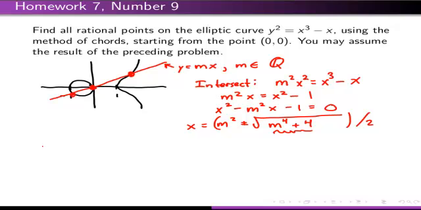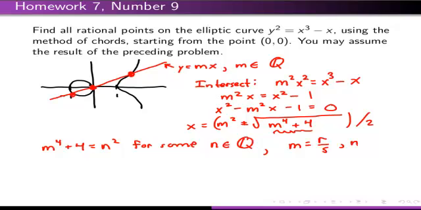So we must have m to the 4th plus 4 equals n squared for some rational number n. Okay, now m and n are both rational, so just give them some names. Say m is r over s, n is p over q, where these are relatively prime.